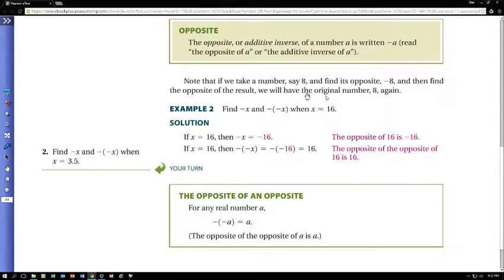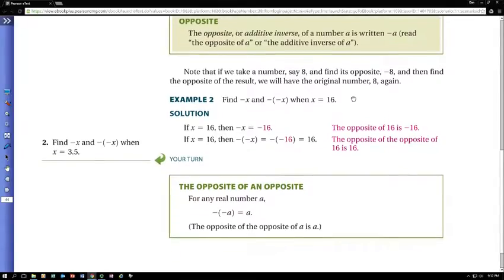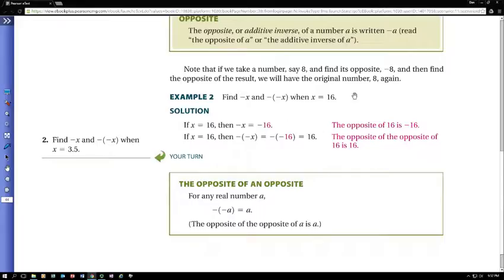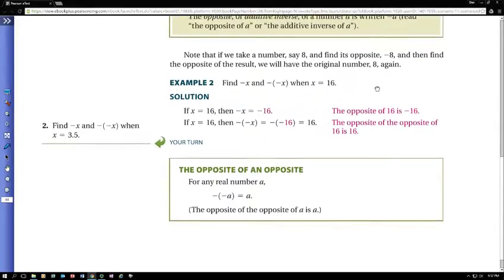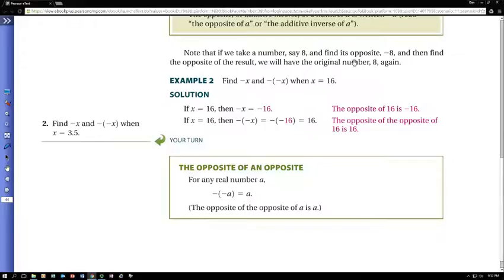So here's where we get a lot of confusion, and there are a lot of problems around negatives early. I see a lot of errors around negatives, so we need to get real clear about what's going on here. In this example, they want us to find the negative of x, or the opposite of x, or the additive inverse of x.